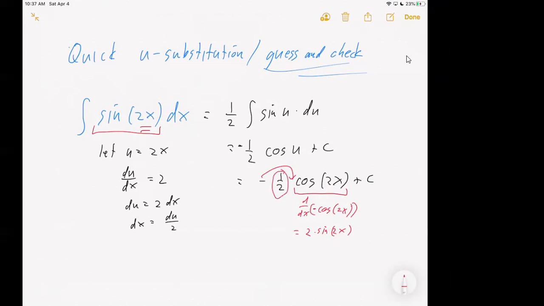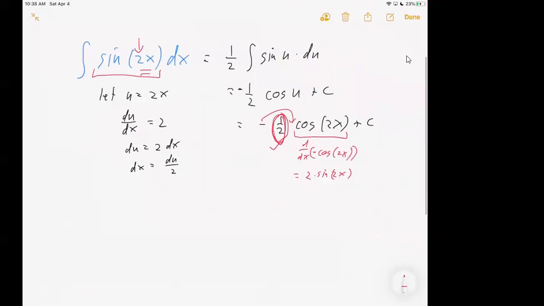So the 1/2 would have to be there to undo the multiplication by 2. So we probably could have guessed right off the bat that our answer would have a factor of 1/2 right out here, because when taking the derivative, we multiply by 2. Therefore, when taking the antiderivative, we must divide by 2 or multiply by half an extra time.